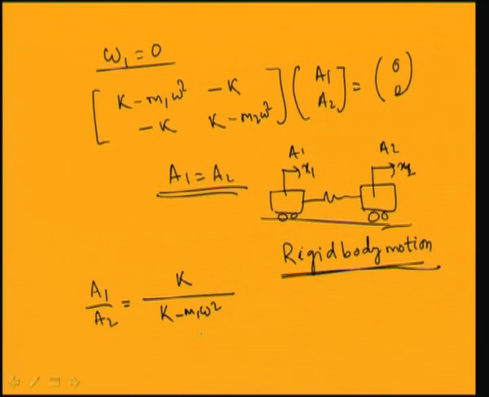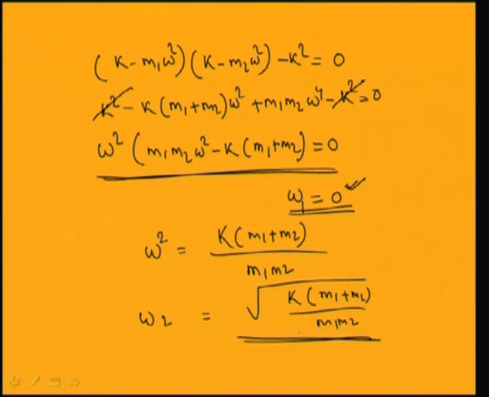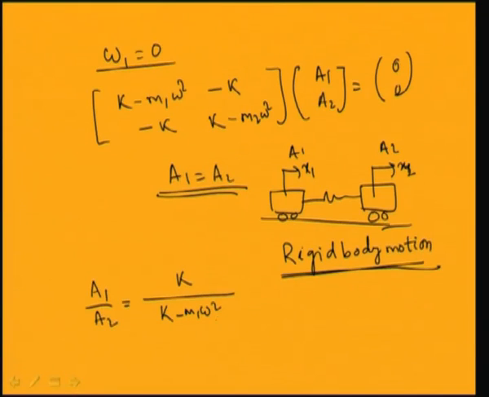You substitute the value of omega square, equal to k into m1 plus m2 by m1 m2, so this reduces to minus m2 by m1. So in this case you can observe that this amplitude ratio is inversely proportional to the mass ratio of the system, a1 by a2 equal to minus m2 by m1.